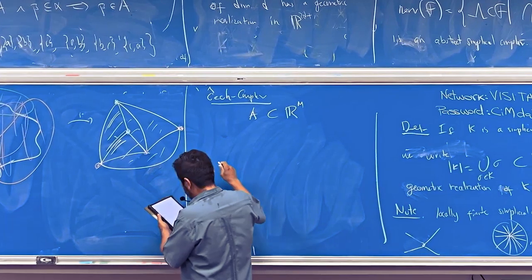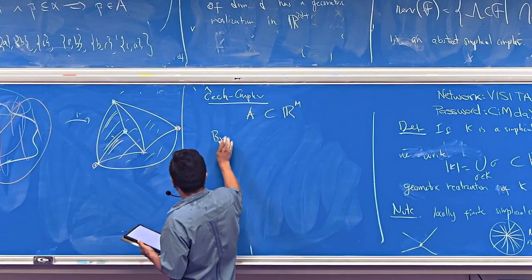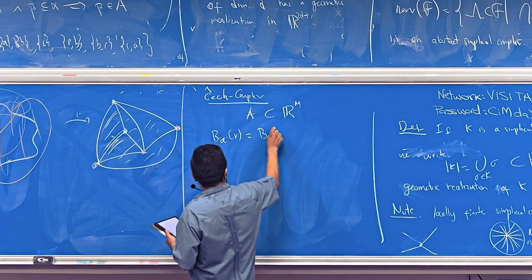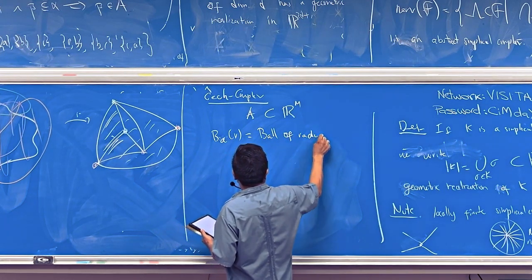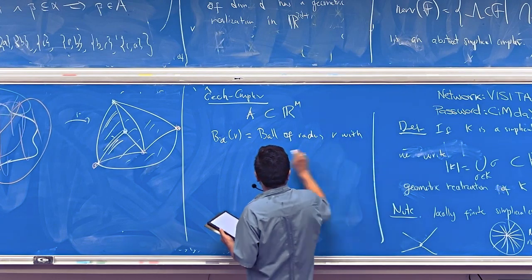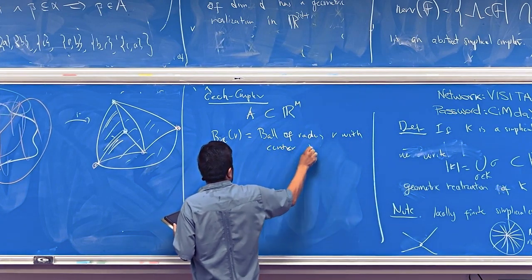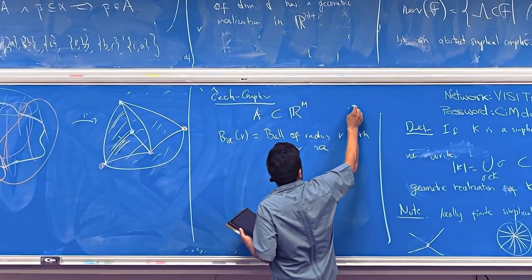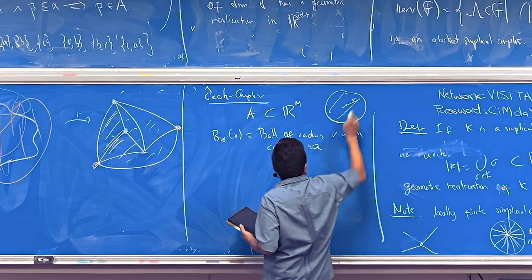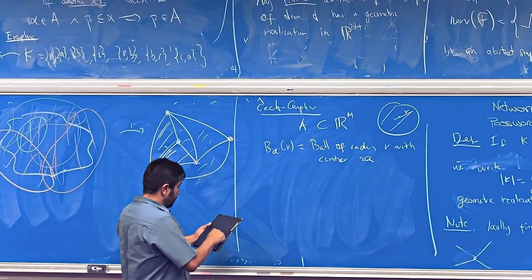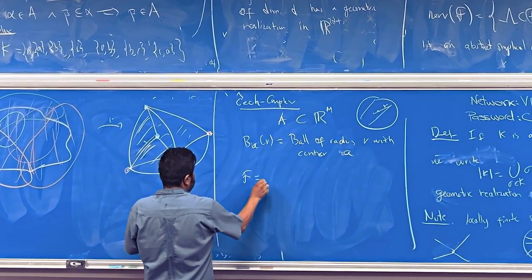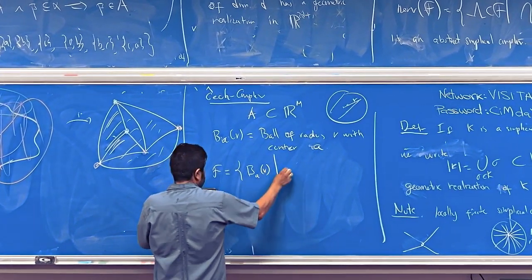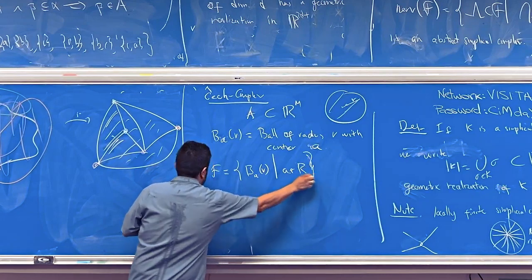For each a, we take B(a, r), which is the ball of radius r with center a. So on each point a, we create a ball of radius r, right? Then we create this family F, which is just the balls of radius r with center a, and we take the nerve.